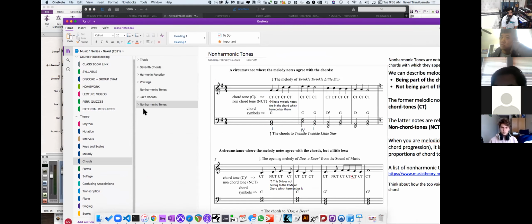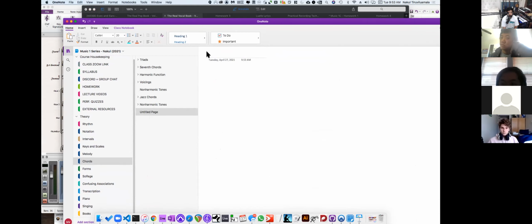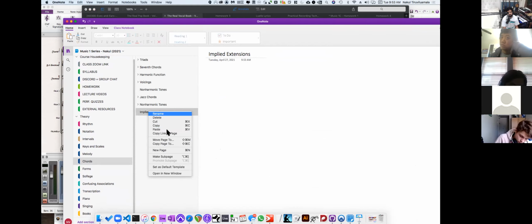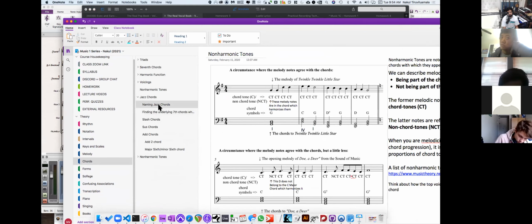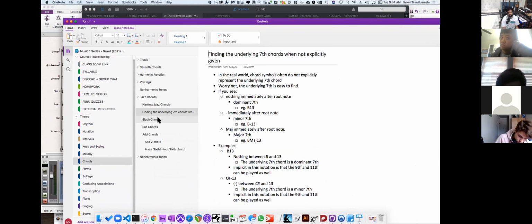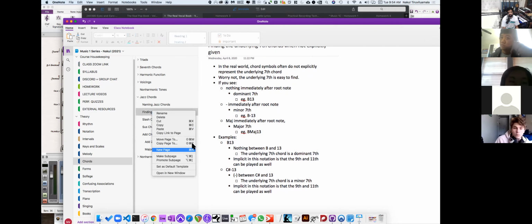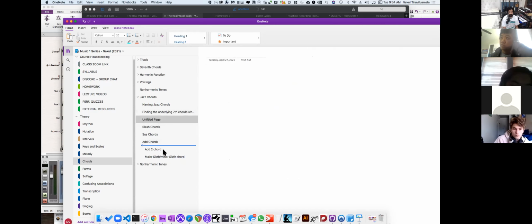Okay, so let me see if I can create a new slide. This is something that you're not going to be tested on necessarily, but it's something good to know. In fact, let me just put this in the jazz chords itself. So basically, implied extensions.